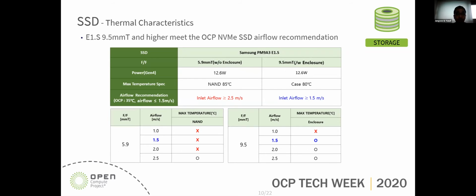According to the OCP NVMe spec, the airflow requirement should be no more than 1.5 millimeter in 35C ambient temperature. In our simulation, only 9.5 millimeter satisfied the OCP NVMe spec among the 5.9, 8.1 and 9.5 millimeter. So we concluded 9.5 millimeter is the best fit for a shared network storage system in terms of power, performance, and density.